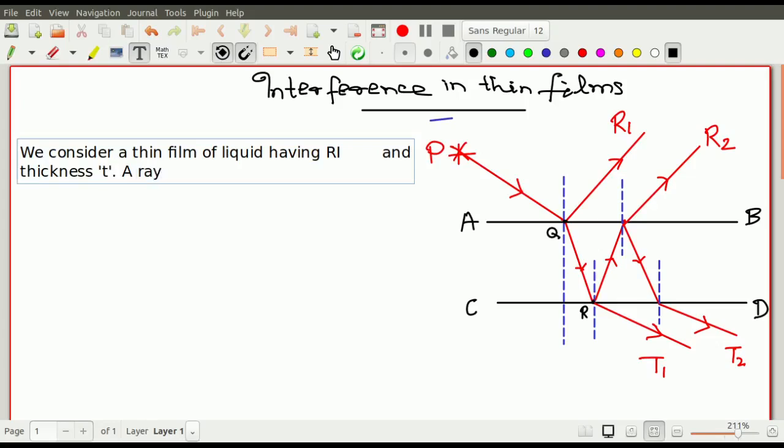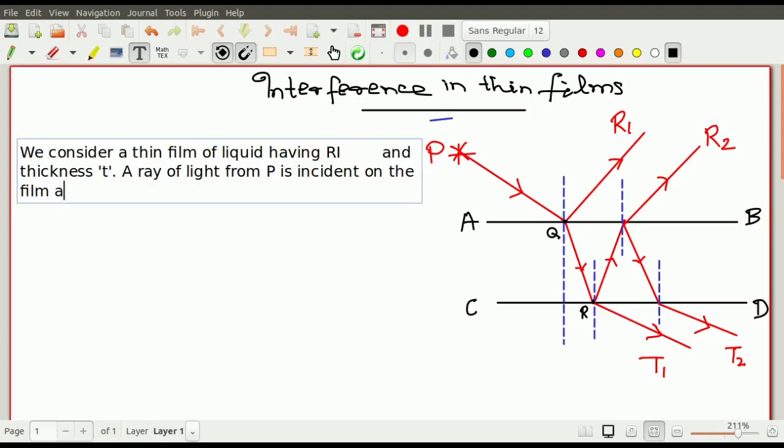A ray of light from capital P is incident on the film at capital Q. So capital Q te ekta light eshe pollo at capital Q.